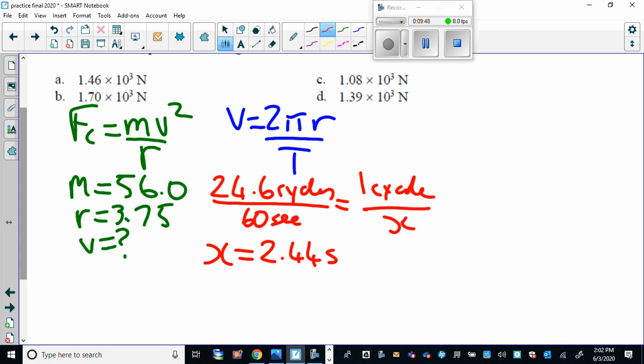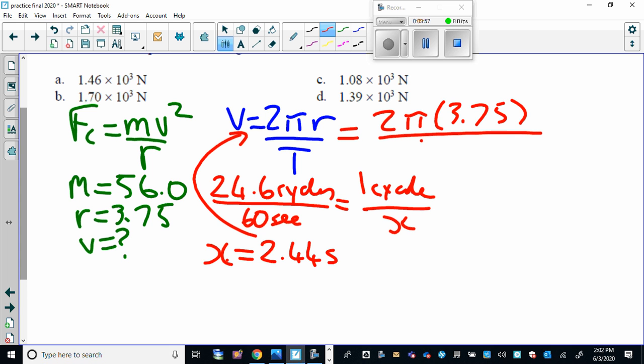And now you can plug that into this formula here. 2.44, and that will give you a velocity of 9.66.